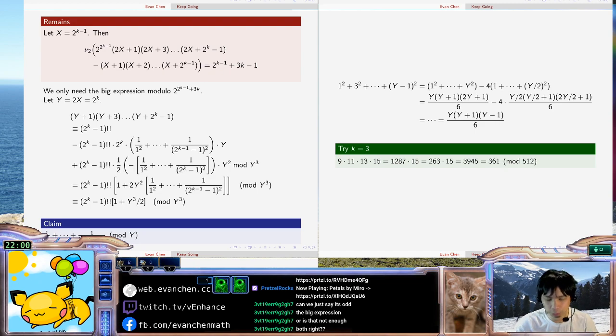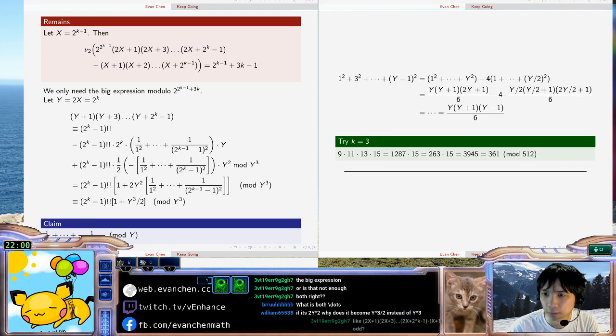I think we should be almost done now, because what we did is we computed the really big thing. What is both dots? Okay, I'll write out one more term for each of these dots so you can see what's going on. But in each case, it's a sum of odd things.